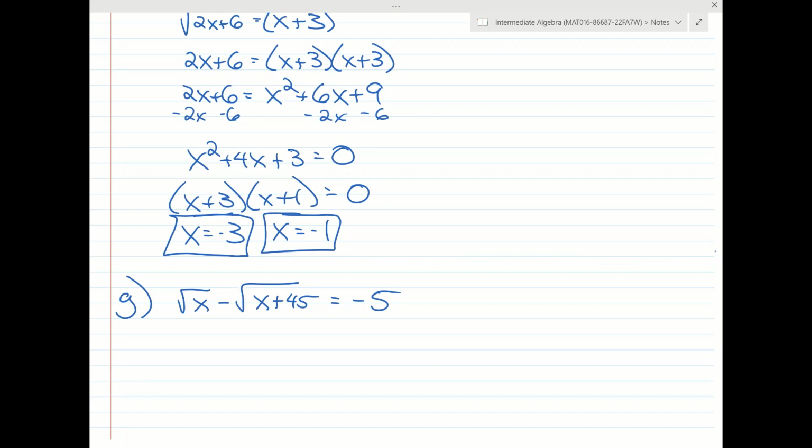What we want to do is try to get the hardest square root by itself. So I'm going to bring this over and I'm going to bring this over. And we get the square root of x plus 5 is equal to the square root of x plus 45.